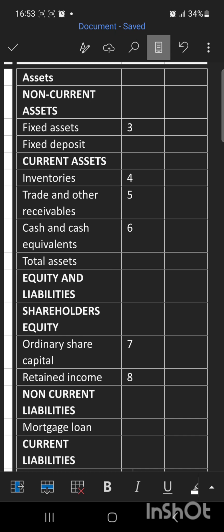So that is your cash and cash equivalents. So those are your current assets. After that, you're going to add the total of your non-current assets with the total of your current assets to give you your total assets.